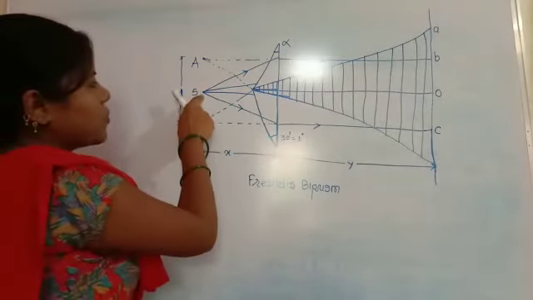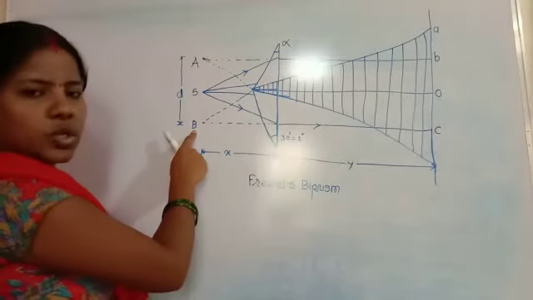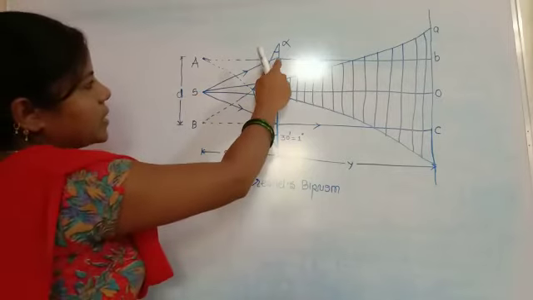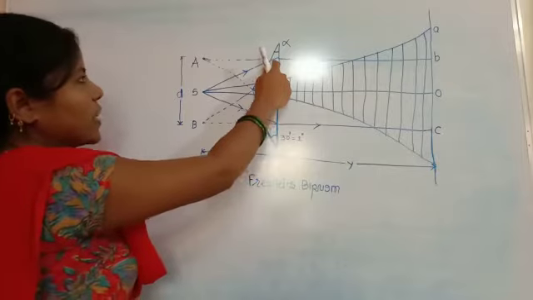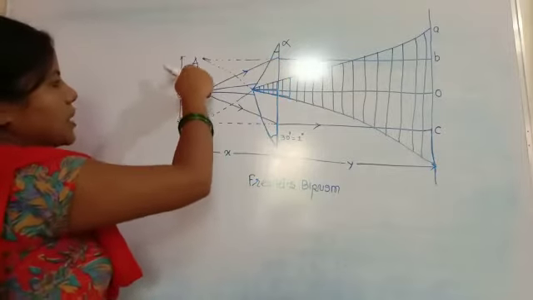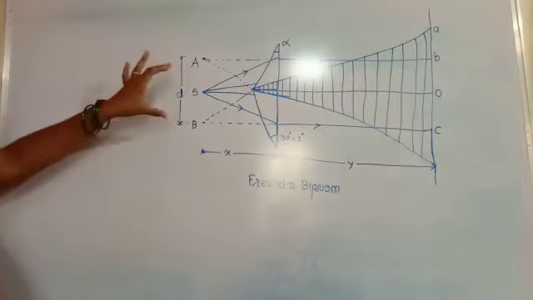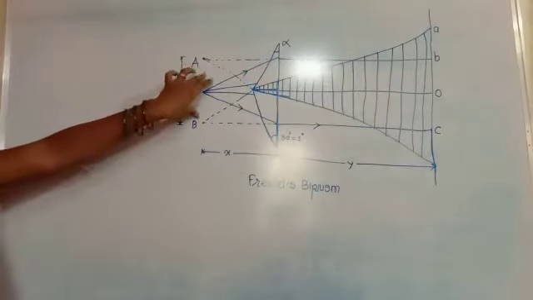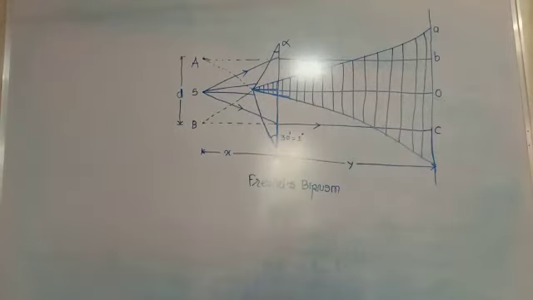When light from the source S falls on the lower portion, we get virtual image B, and when it falls on the upper portion, we get virtual image A. That's why A and B act as two coherent sources, because the light is emitted with the same constant phase difference from A and B.